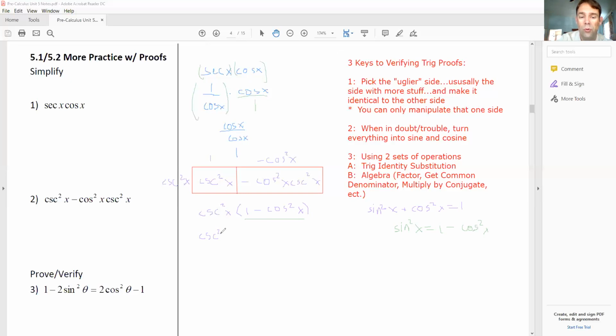So if we do go ahead and enter in that trig substitution. Notice I started with algebra when I factored, and now I'm doing a trig substitution using one of my trig identities. So cosine squared x, again, that would be another trig identity. I can turn that into 1 over sine squared x.